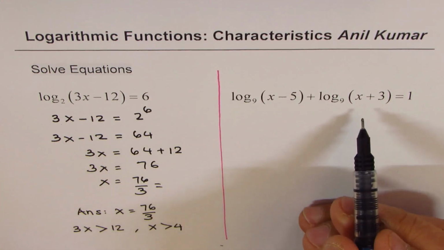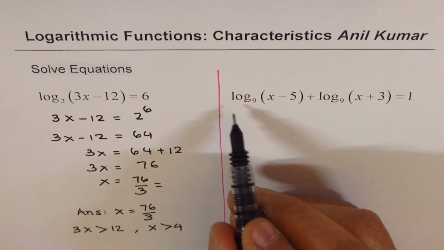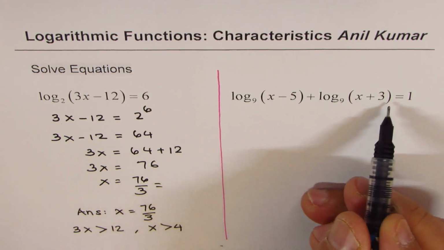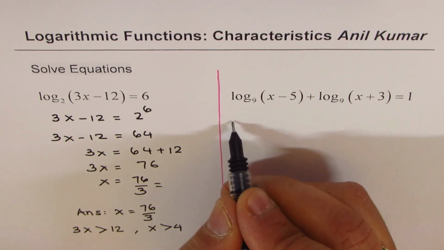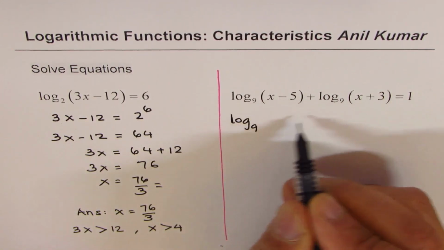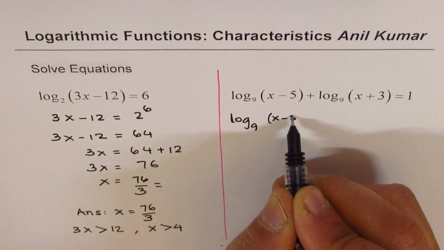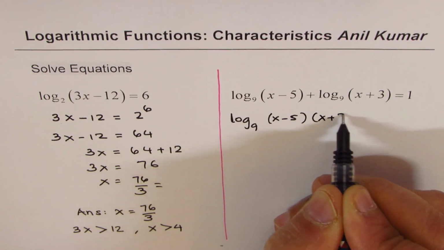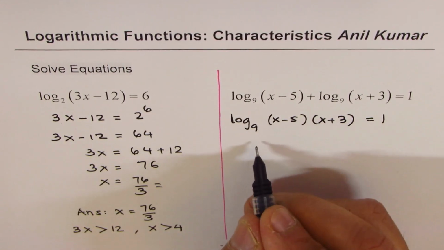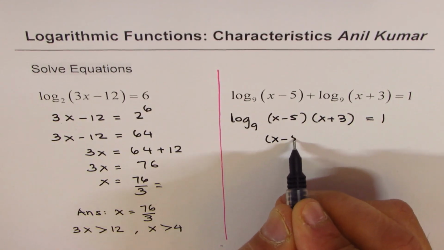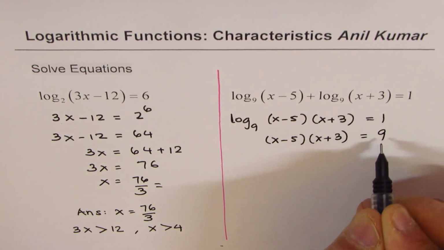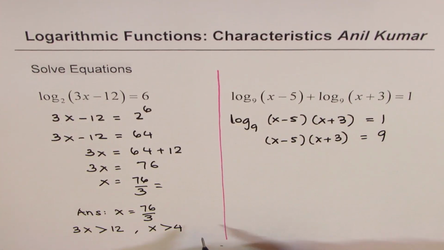Let's solve the next equation now, which is log base 9 of x minus 5 plus log base 9 of x plus 3 equals 1. You could rewrite this as log to the base 9 of the product, which is x minus 5 times x plus 3, equals 1. Now we'll convert it to exponential form, writing it as x minus 5 times x plus 3 equals 9 to the power of 1, which is 9.